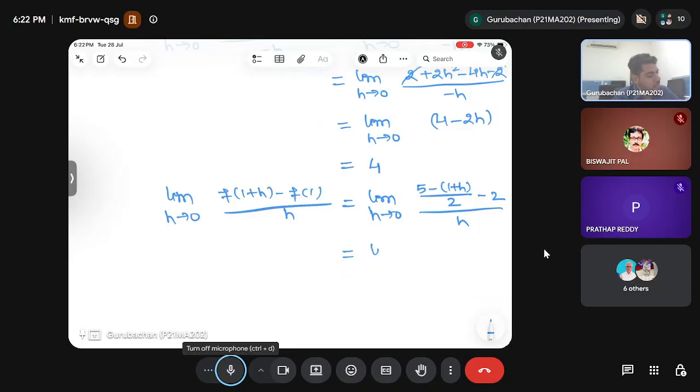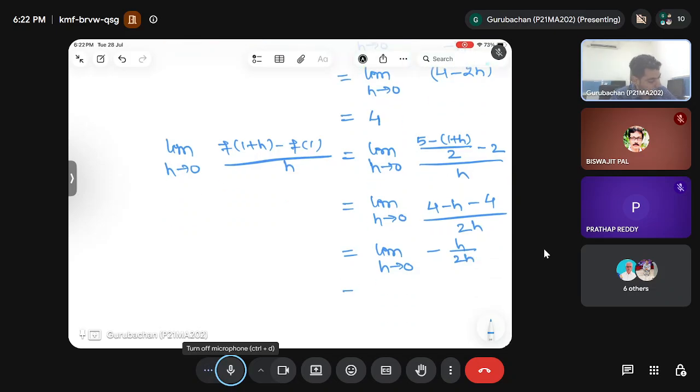This will be limit h tends to 0 of 4 minus h minus 4 divided by 2h. This comes out to be limit h tends to 0 of minus h divided by 2h, that is nothing but minus half. So clearly the left hand derivative is not equal to the right hand derivative.